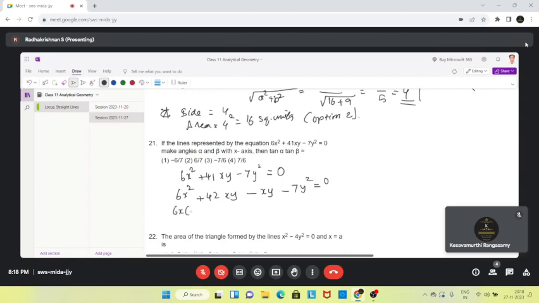Factorizing, 6x into x plus 7y, minus y into x plus 7y.